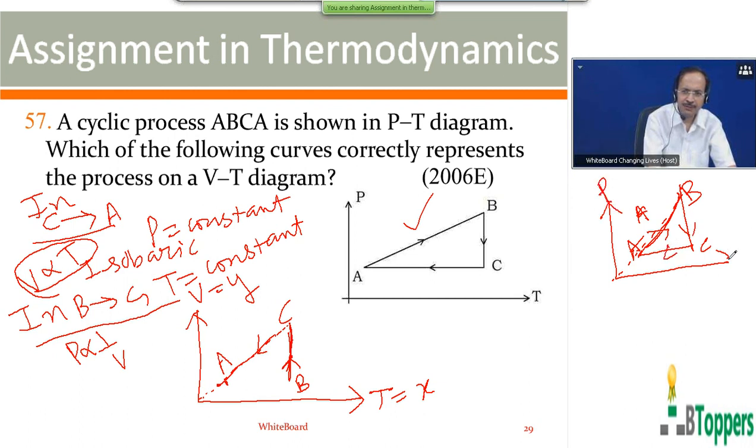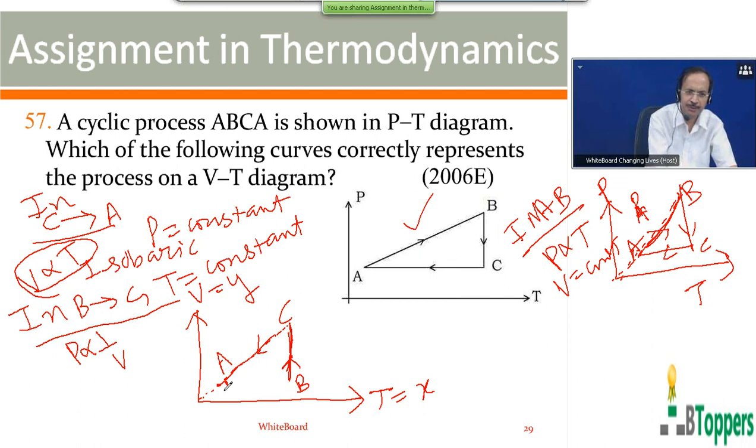So it is a PT graph, of course. A PT graph being a straight line passing through origin means P is proportional to T in the process AB. In AB, pressure of the gas is proportional to temperature, which is possible at constant volume. So volume is constant in the process AB.